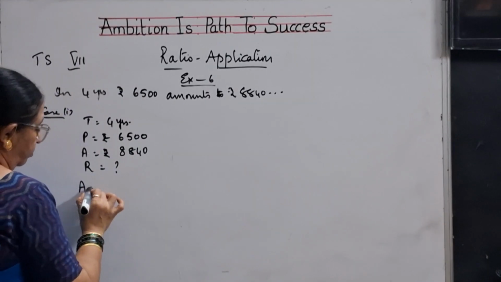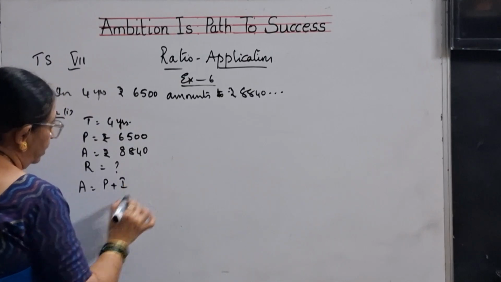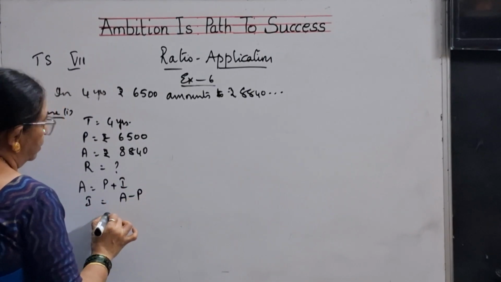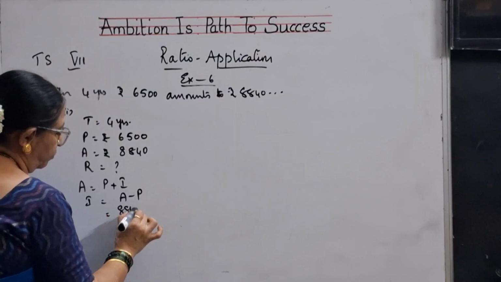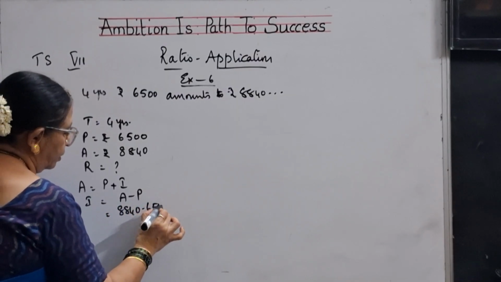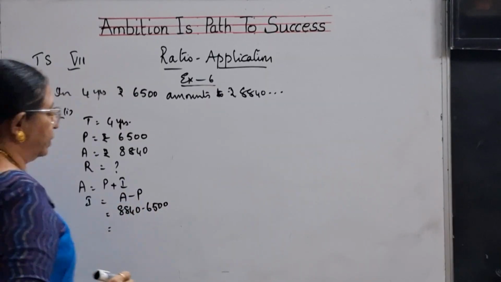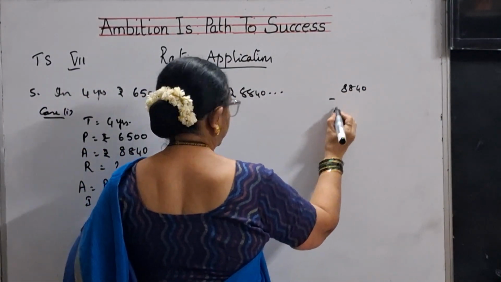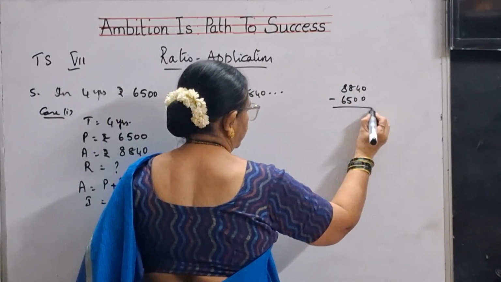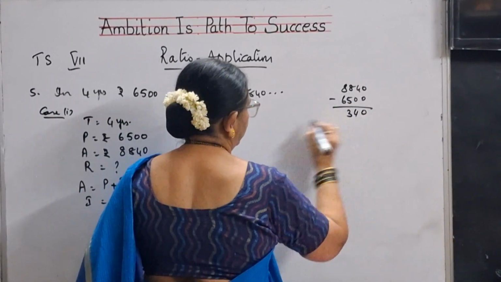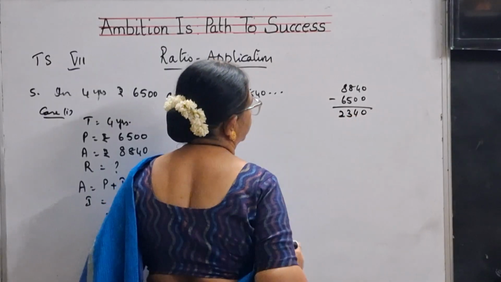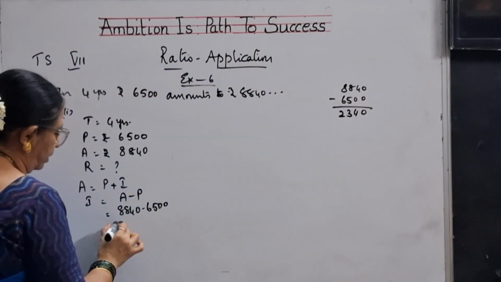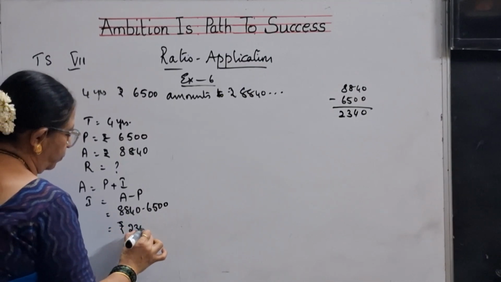We know that amount is equal to P plus I, that is I is equal to amount minus P. So amount is 8,840 minus 6,500. So 8,840 minus 6,500 is 2,340. So I is rupees 2,340.